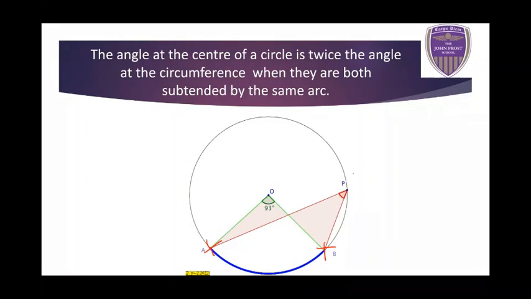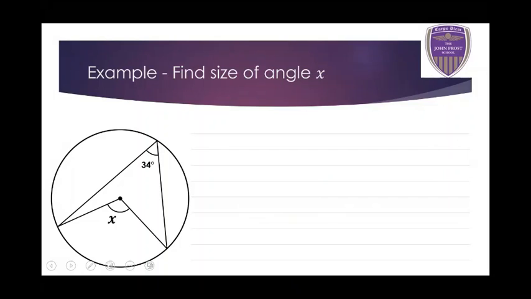So let's have a look at some of the questions you could be asked on this topic. So for example, we could be asked to find the size of angle x when we're given this shape, okay? So they've labeled the x here, which is slightly confusing, but we know that the angle at the center of the circle has to be twice as big as the angle at the edge of the circle.